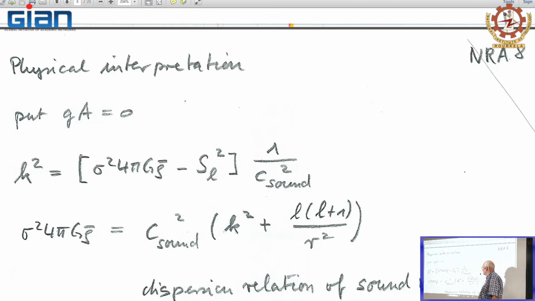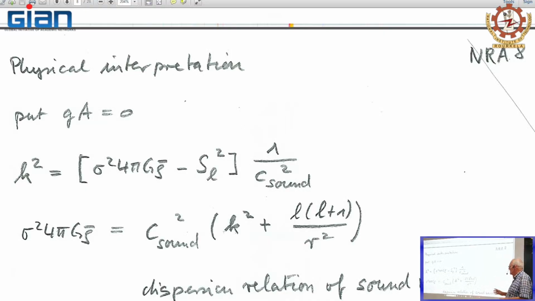So the frequency is given by sound speed squared times wave number squared. This L times L plus 1 is some kind of azimuthal wave number, so this is proportional to L squared. This is the dispersion relation for sound waves.